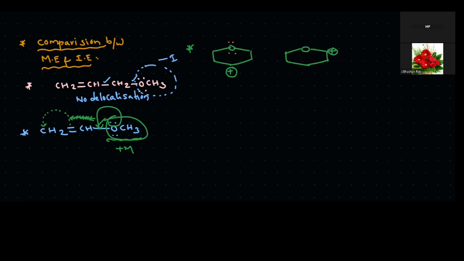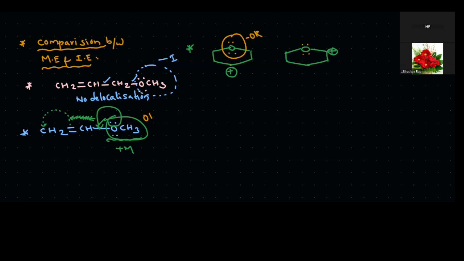In these two, which one is plus I, which one is minus I, which one is M group? First group, here there is no contact between the positive charge of the carbon and the lone pair of electrons. Now this is nothing but an OR group. Here also these are OR groups only. Now, it is OR, which means it acts as a minus I.